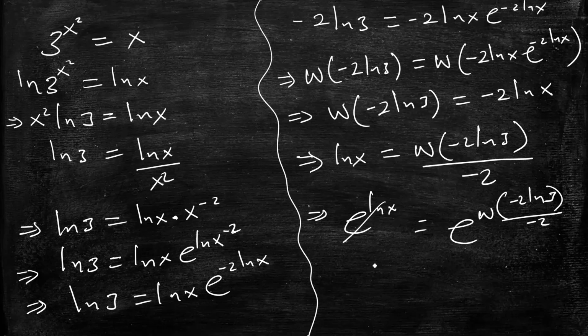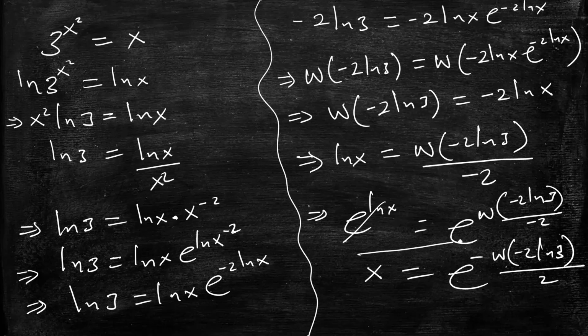This side will be left with x, so x equals that. You can choose to write this as e raised to negative ln of 3 all over 2. So this is the final answer.